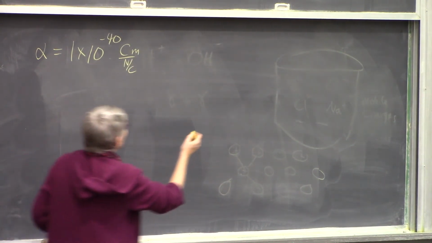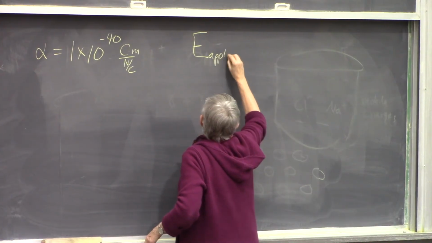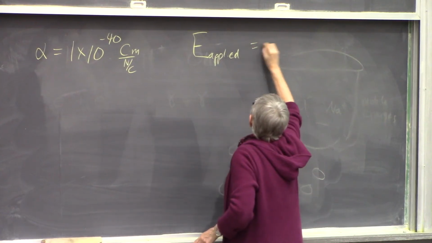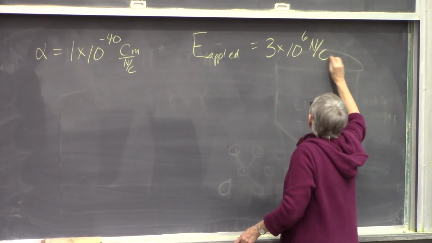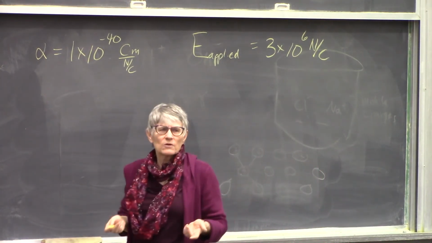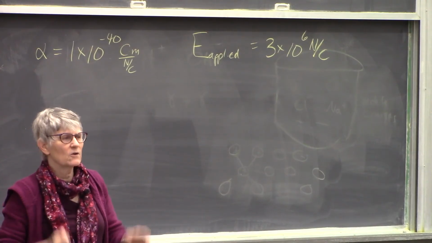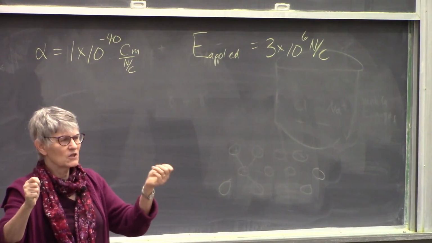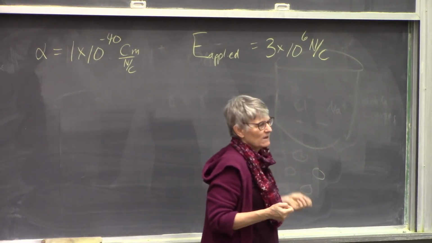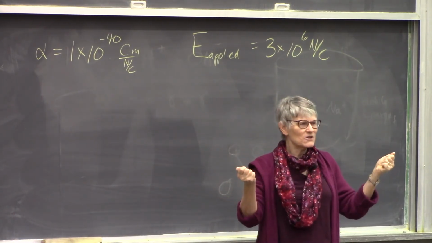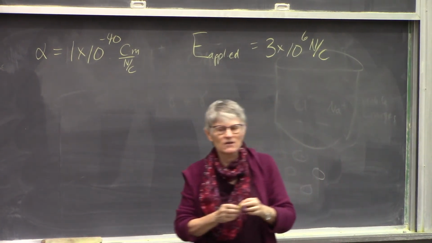And let's say we apply a field whose magnitude is 3 times 10 to the 6th newtons per coulomb. Now that's an interesting number. It turns out empirically, air is an insulator until you apply a field this big or larger, at which point air ionizes and actually becomes a conductor. So this must happen in sparks and lightning and things like that.